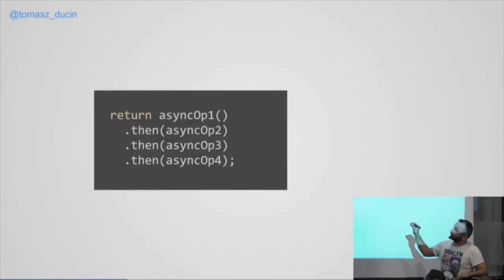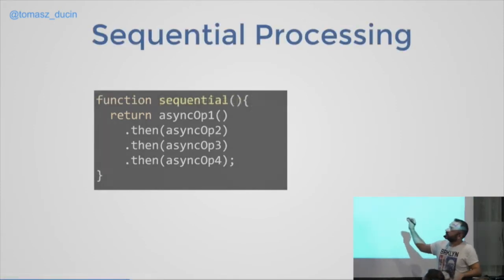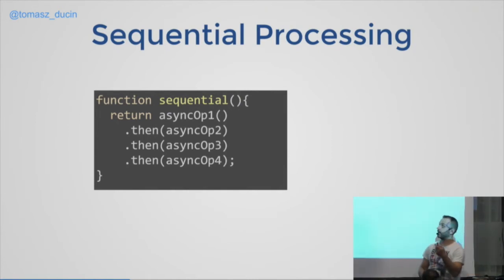The result of op1 becomes the input for the async op2 callback. The output of async op2 is going to be the input of async op3, and this is how we're pushing the value from step to step, and so on. So this is how we chain promises, and actually this is the sequential processing approach, right?